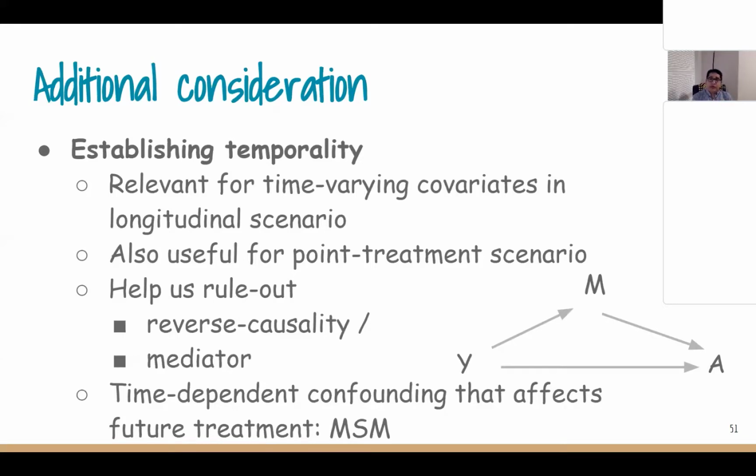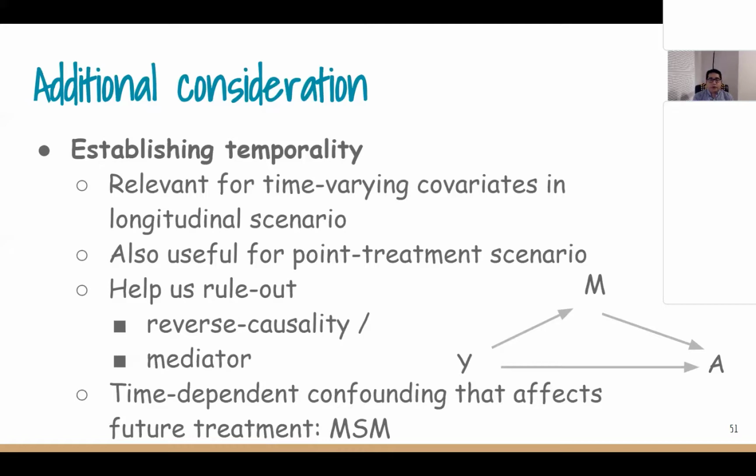And one of those criteria is establishing temporality. And this is very important because you need to know whether your exposure was happening before your outcome or after your outcome. If your exposure was happening after your outcome, then you are probably dealing with something called reverse causality, because you are trying to interpret something, but in reality that happened in reverse.